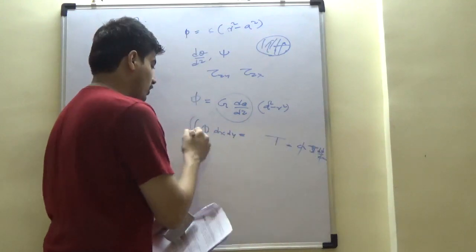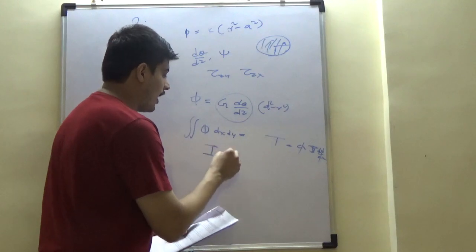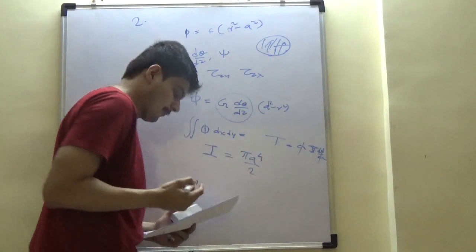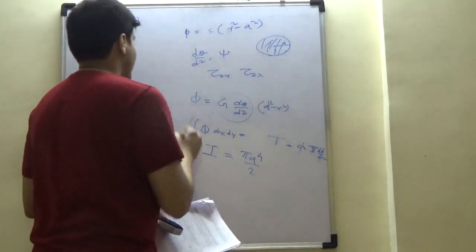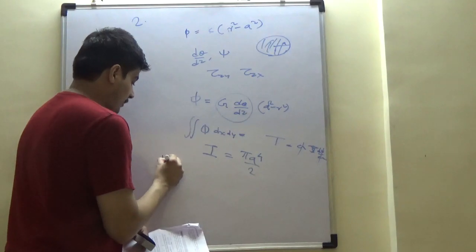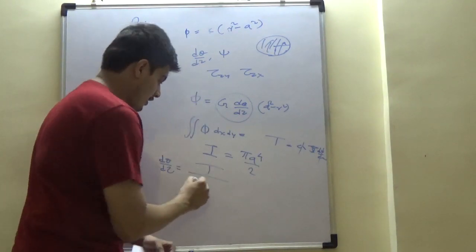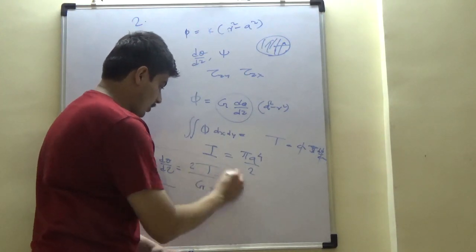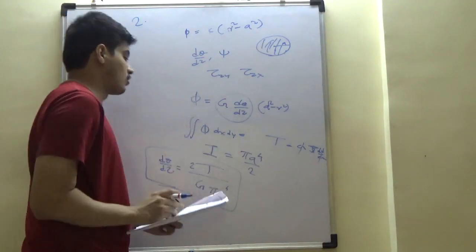So this is going to cancel from both sides, and all I am left with is that the rotational inertia is πa⁴/2. This equation also we looked at. If this is the case, my dθ/dz, which is the first quantity asked, is T upon G into J. So dθ/dz is found out, so my first question is known.